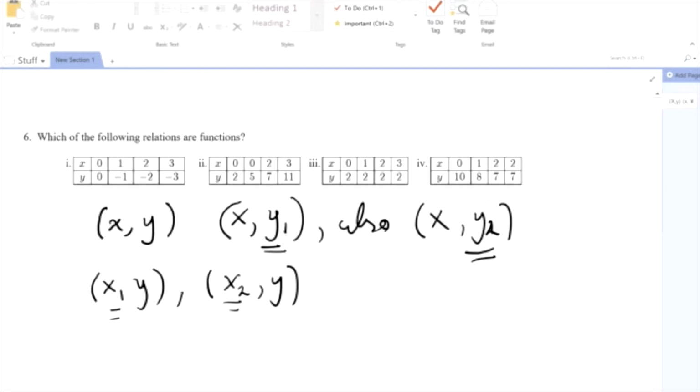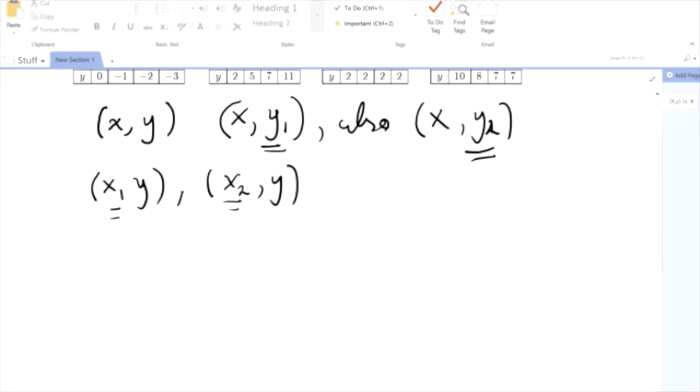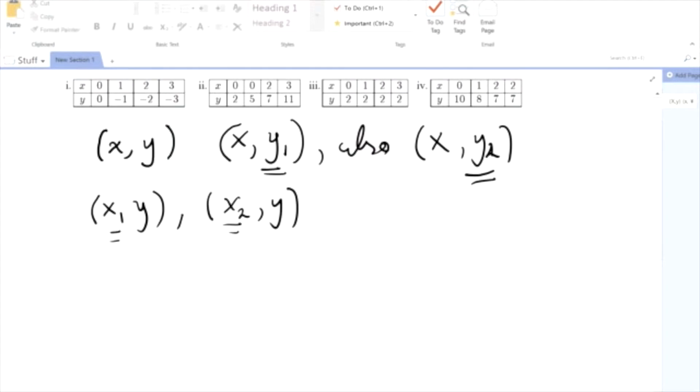So with that in mind, let's first take a look at the first box, number one. The first pair has x equaling 0 and y 0. The next one has x equaling 1 and the output y equaling -1.